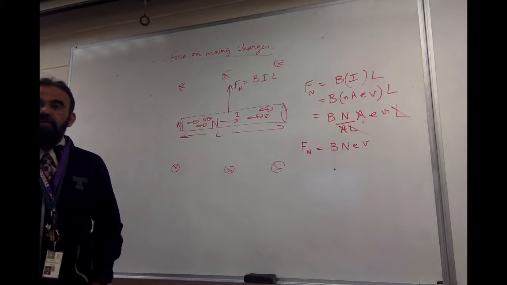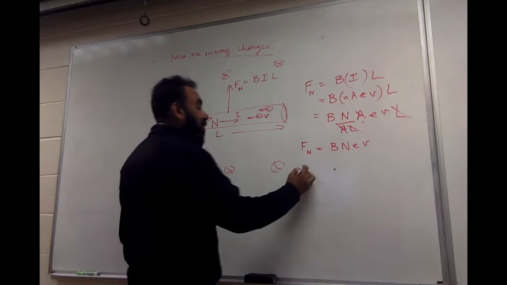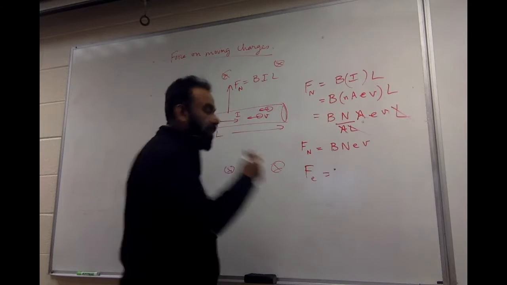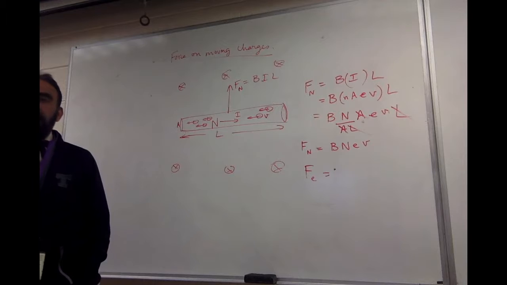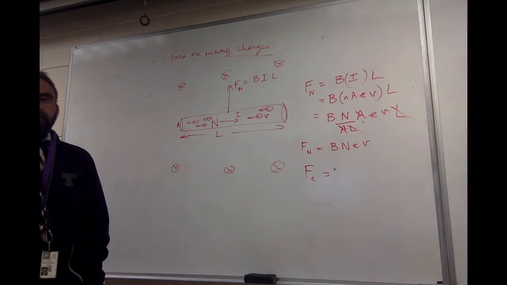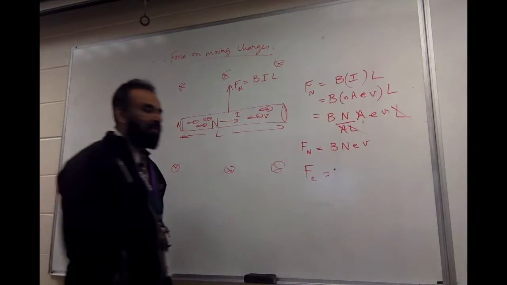That's the force on N electrons. So what's the force on one electron? If the force on N electrons is BNev, the force on one electron is Bev.